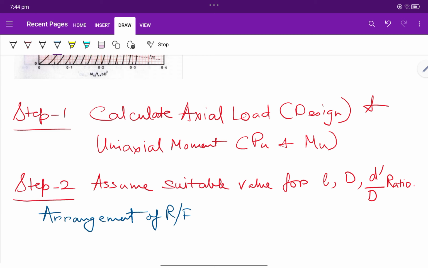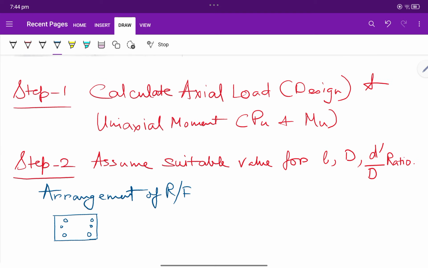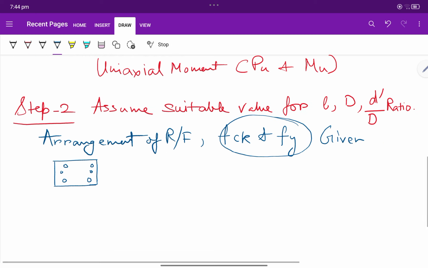Means, see, if this is a face of the column, you have to assume that only in these two faces the bars will be provided, or in all four faces the reinforcement will be provided. So this arrangement of reinforcement is two face or four face arrangement. fck and fy, these two will be given. The steel and the concrete will be known for sure.